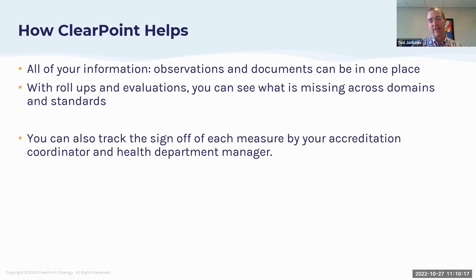And then, of course, if you've been in this process before, you have internally an accreditation coordinator, and of course your public health department manager, and those two people need to sign off on each of the steps of the accreditation process. So in ClearPoint, we just have that ability to track that along the way, just to make sure you're saying, okay, I've completed this step and I've completed that step.